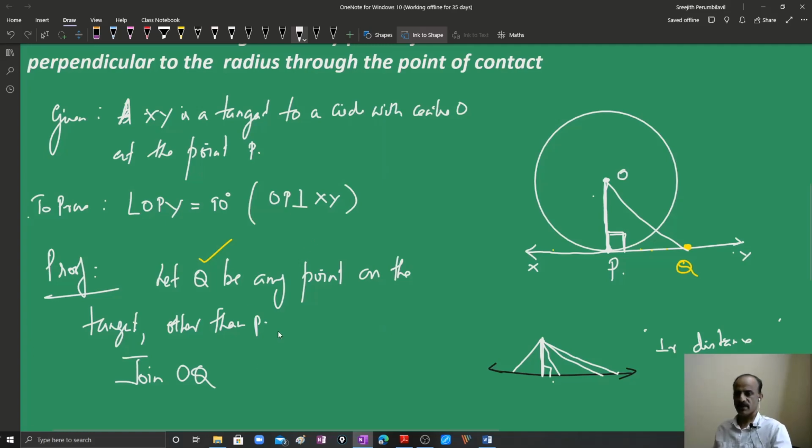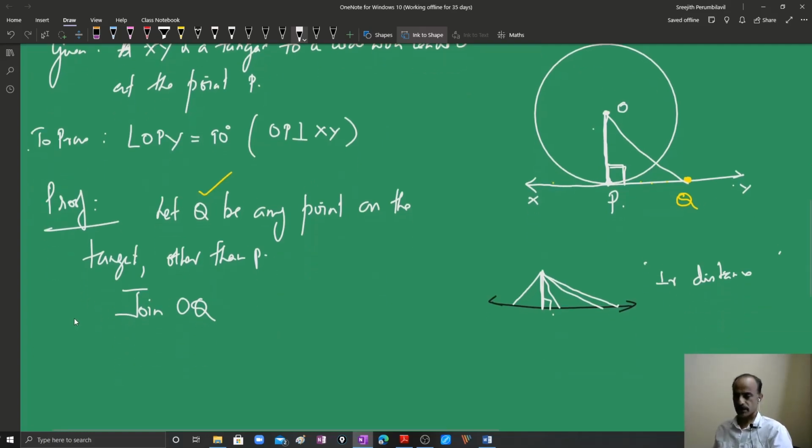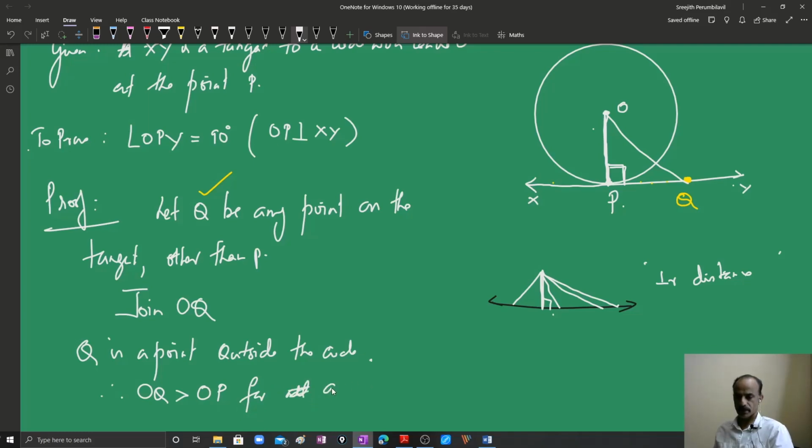Now when you look at this, we know that Q is a point outside the circle. Why? It is evident from the figure. Whereas P is on the circle, therefore OQ is greater than OP for any point, not only one point.